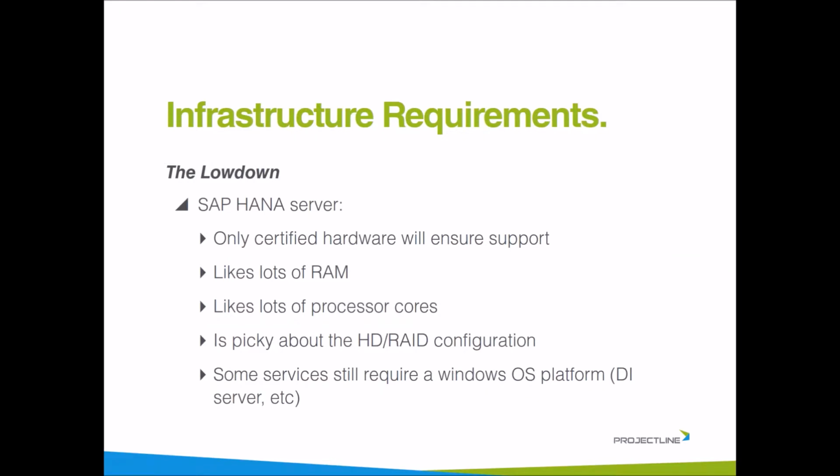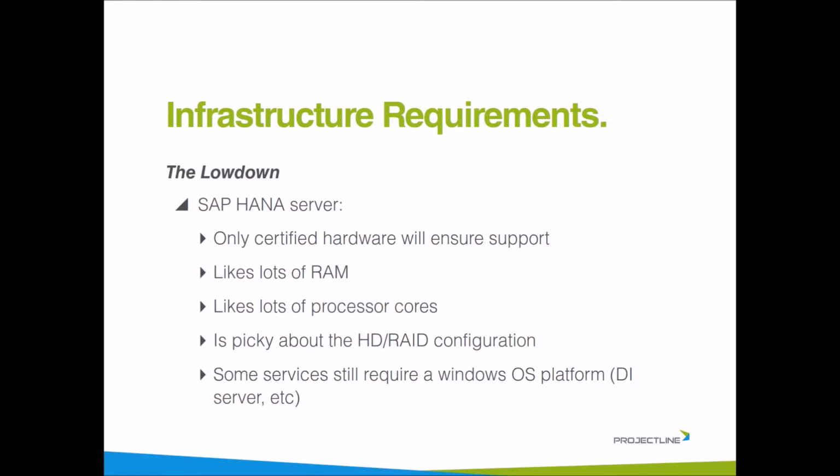Okay, so the lowdown on infrastructure requirements for an SAP HANA server: you really want to stay with certified hardware configurations. We have certainly run uncertified hardware configurations just for fun in test environments, and they work okay, but HANA server likes lots of RAM. Obviously we don't want to go below the minimum specification for that.